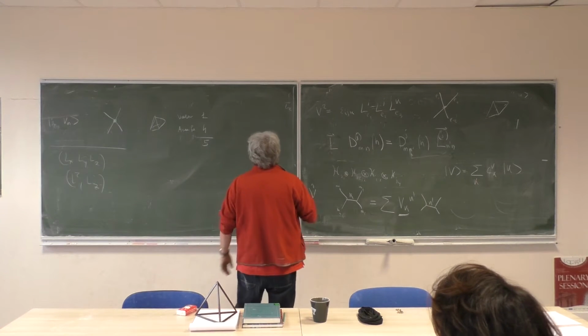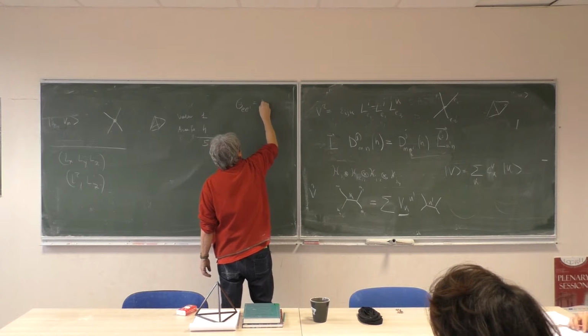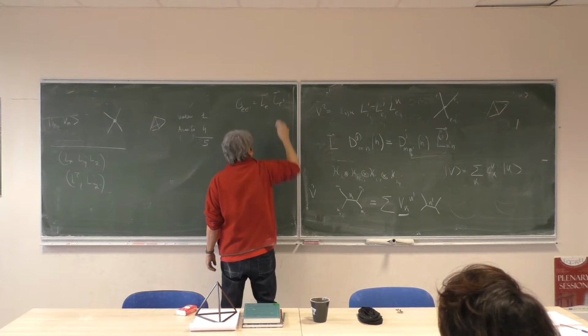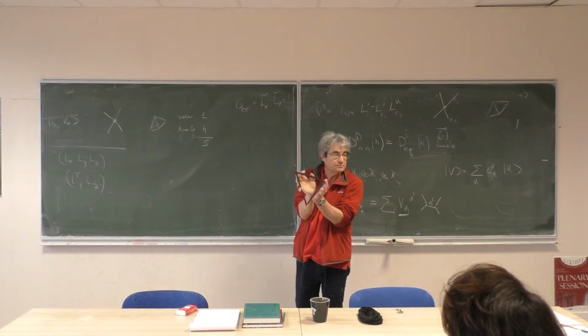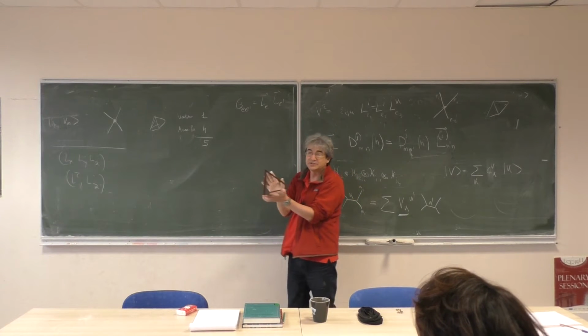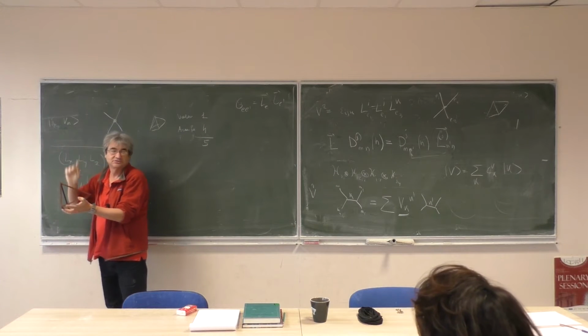Like what? Well, there is an operator that measures this angle here. You can write a basis in which this is sharp, but then some of these are not going to be sharp anymore.